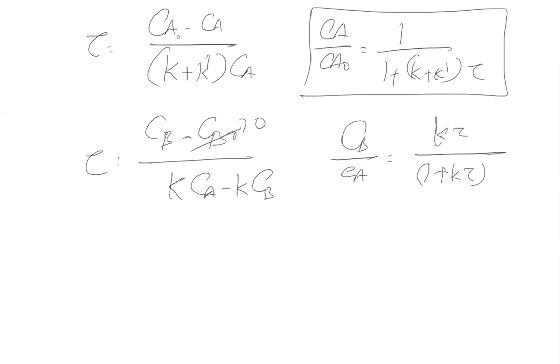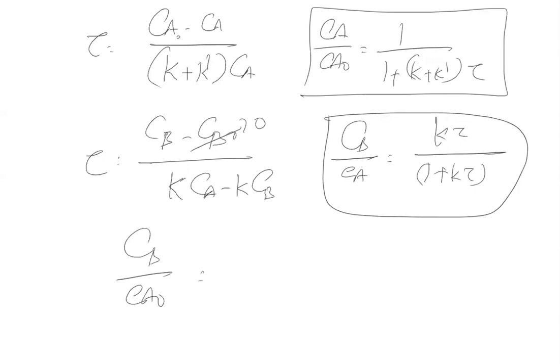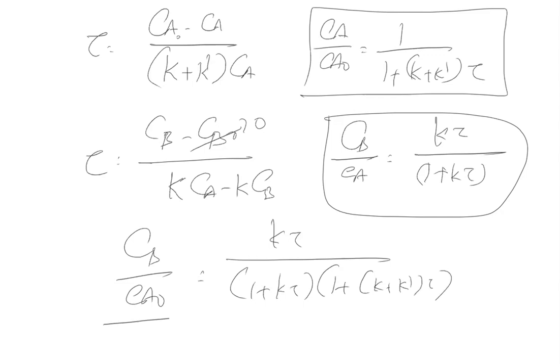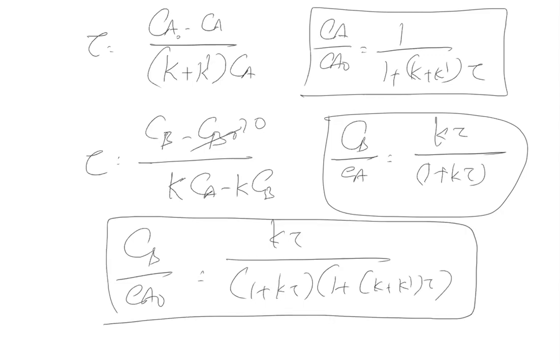Now if you multiply these two here, then what do you get? CB by CA naught is k tau by 1 plus k tau into 1 plus k prime into tau. If you look at this equation, this is something like K1 tau divided by 1 plus k1 tau into 1 plus k2 tau. So if you do differentiation, what do you get there? 1 by root k1 k2.